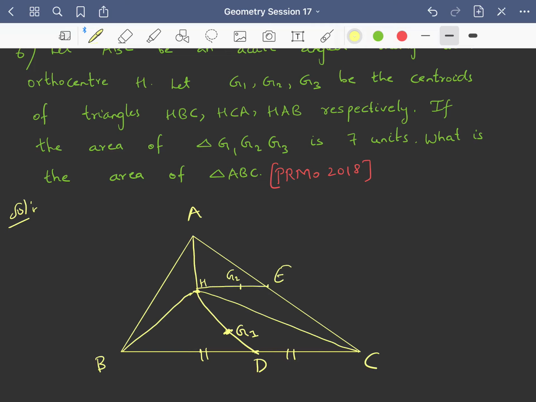Let us say this is the midpoint E. And if I draw the median here, G3 would be somewhere here, and this is the midpoint F. Let me make this figure a little bit clearer.